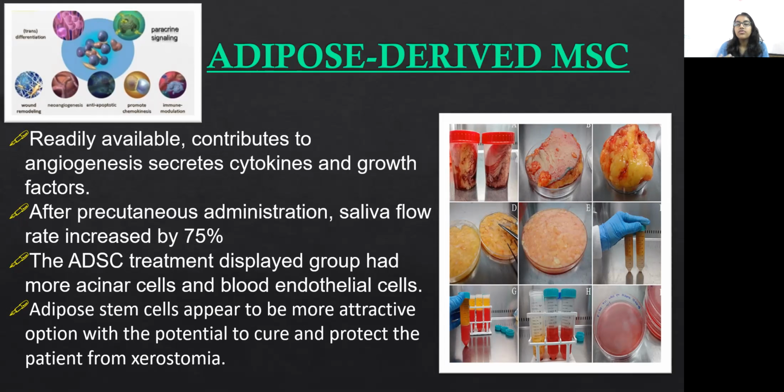Acinar cells are among the most important saliva cells, so these cells directly gave us the acinar cells, which gave the idea of using adipose derived stem cells. They also appear to be a more potential option, as I told you, because adipose tissue was readily available.